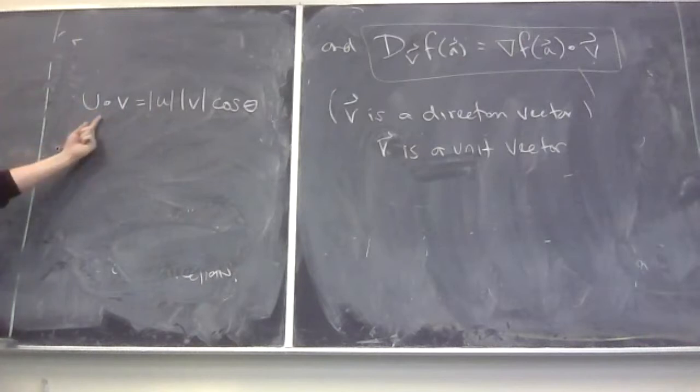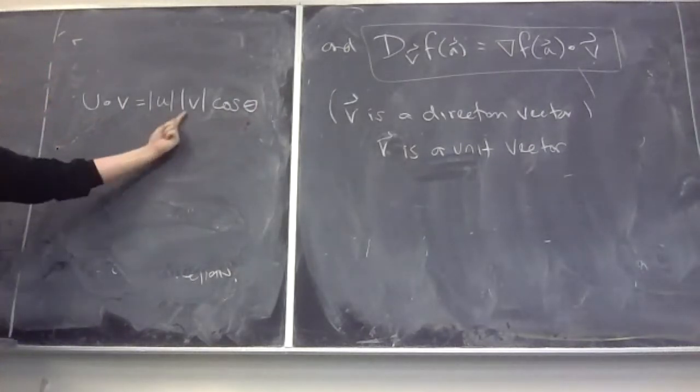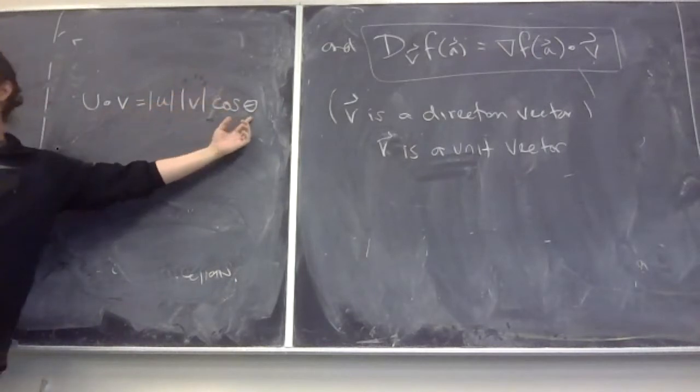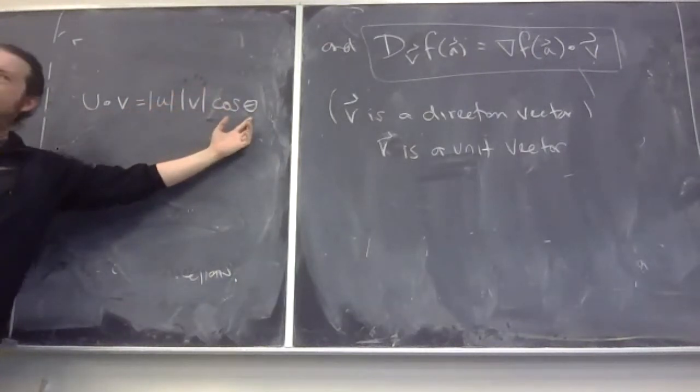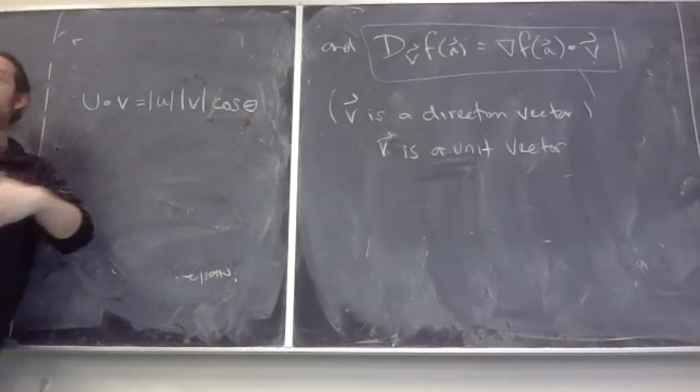So when is this going to be the largest possible value? If v is a unit vector, that's always going to be 1. So you maximize this when theta is equal to 0. You minimize it when theta is equal to pi, because pi spits out a -1. Cosine varies between 1 and -1.